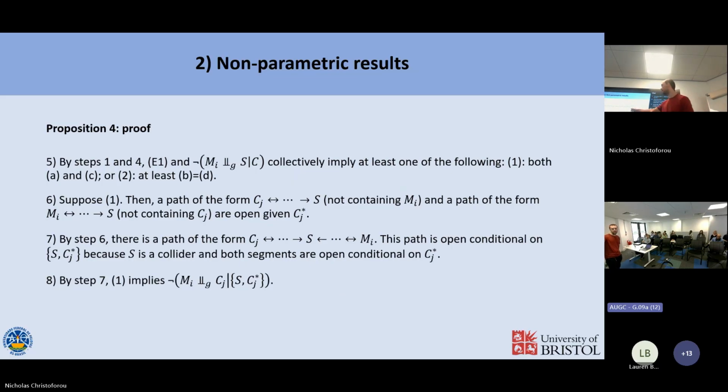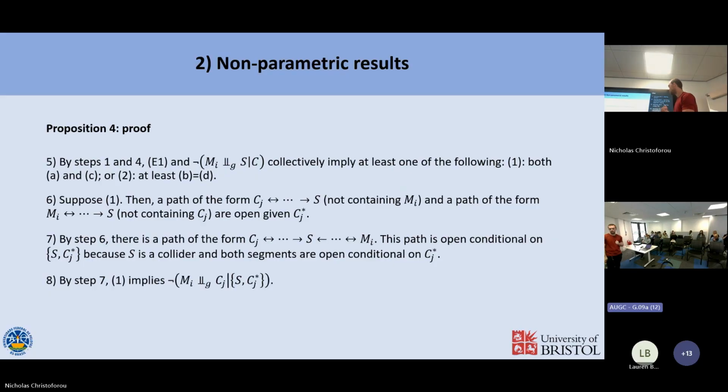But notice what happens here. If I have those two paths simultaneously, then that means I have a path between C sub j and Mi that has S as a collider. And I know that this segment here is open conditional on Cj star by step 6, and this segment here is open conditional on Cj star by step 6.